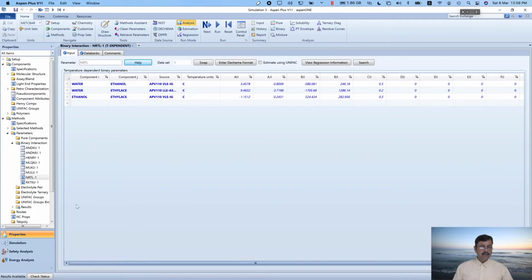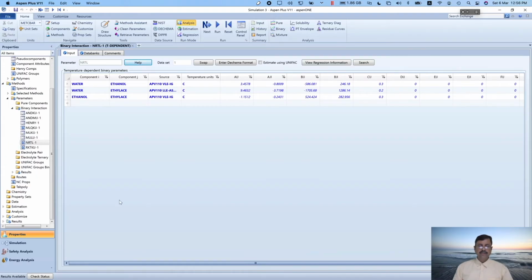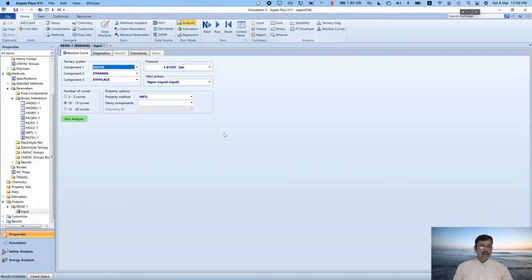Yes. Now you have to bring in the residue curve. We have water, ethanol and ethyl acetate at 1 atmosphere pressure. Varied phases are vapor and liquid. And we are supposed to have 10 to 15 curves.